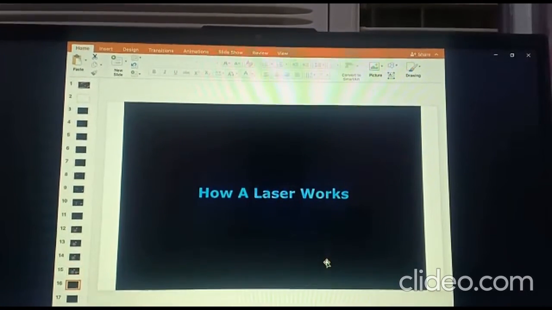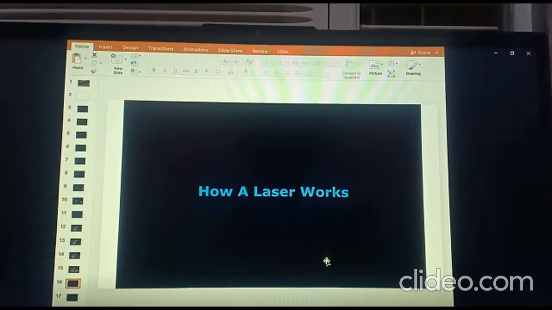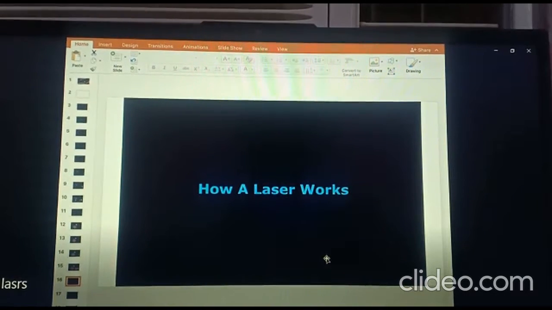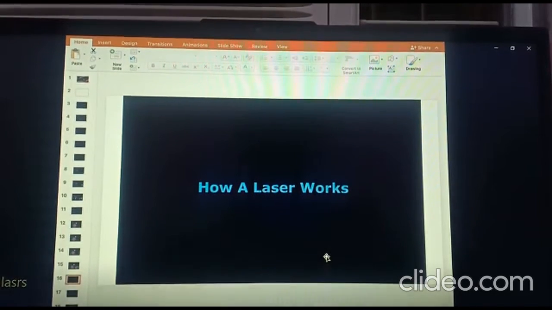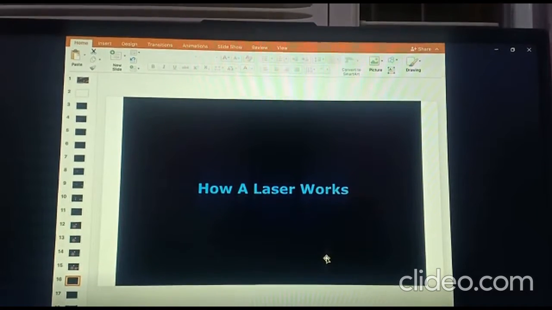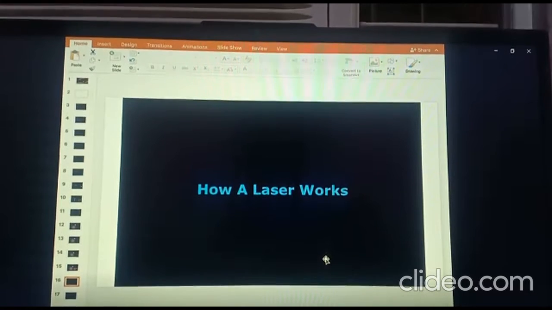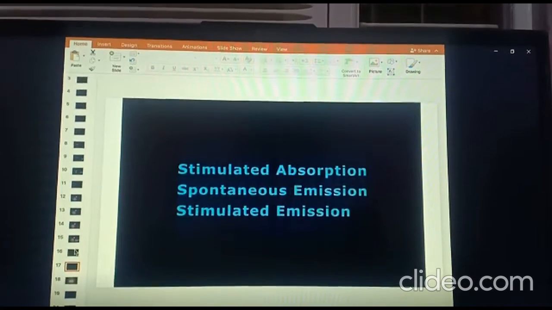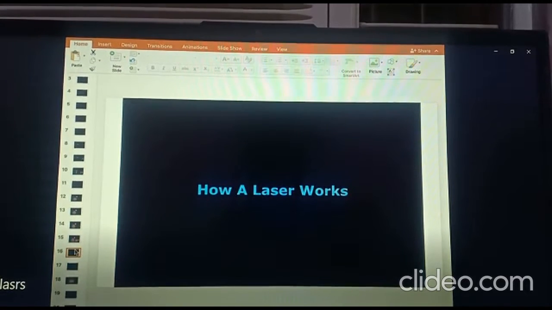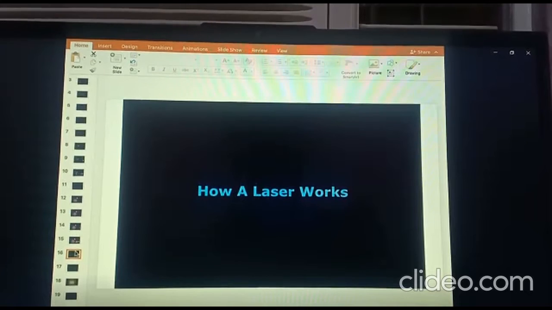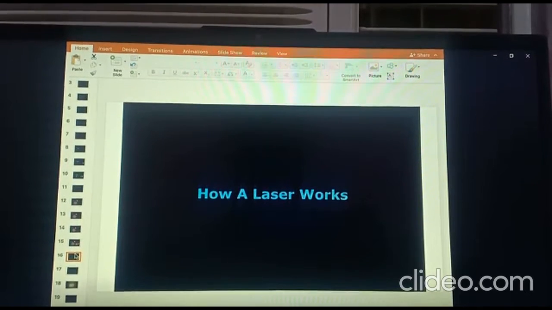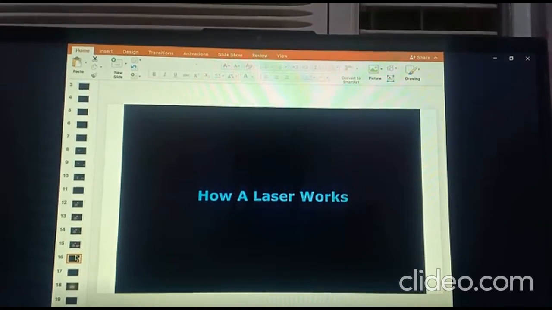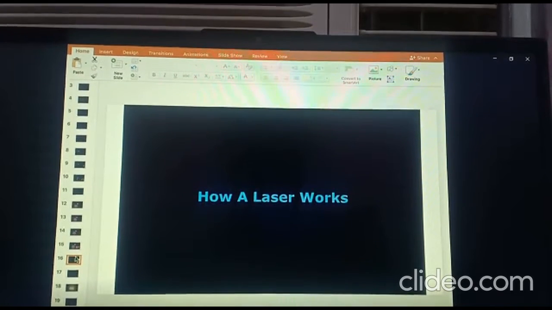Now you will be thinking how this is possible, how a laser works, how it can have a coherent feature, a high energy density feature and a very narrow line width. It's amazing, no? So we will go to how a laser works. Laser works on three main steps: stimulated absorption, secondly spontaneous emission, and third stimulated emission.